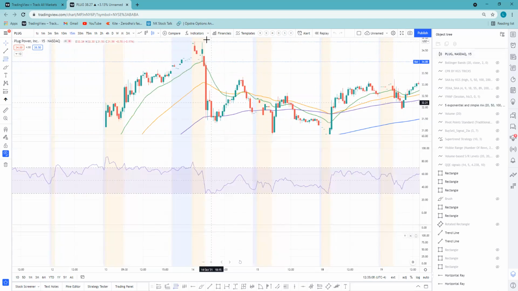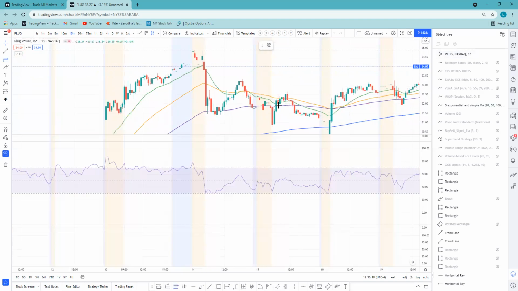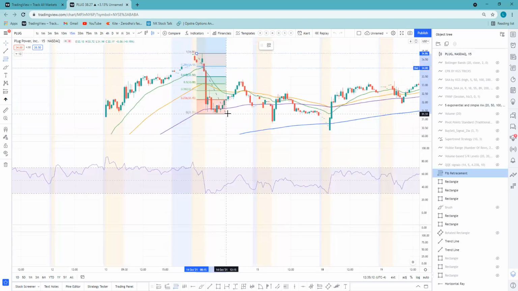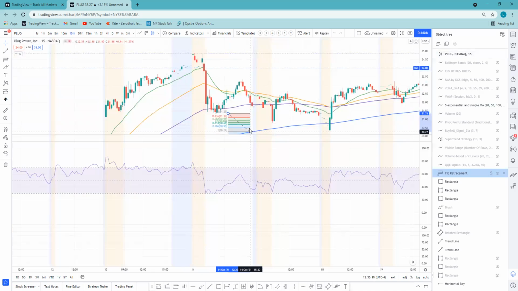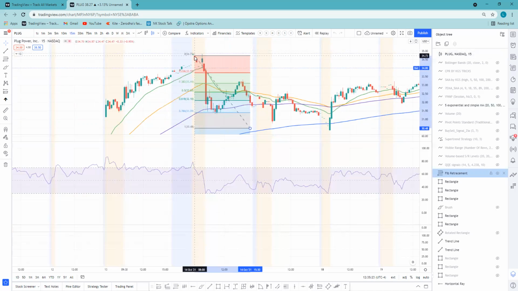If you put the Fibonacci, it will be a reaction from 50 or 60. People draw it in two ways. Doesn't matter. I draw one way and it works because you just have to flip your number in your mind. This is a reaction from the 60, and you go from top to bottom.